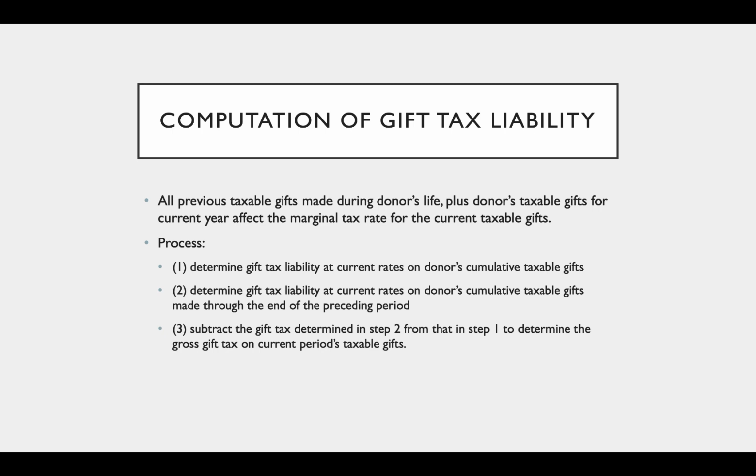Step two would be to add up the cumulative gifts from birth to the end of 2017 and calculate the gift tax liability at current rates. Step three is to subtract the gift tax determined in step two from that in step one to determine the gross gift tax on current period's taxable gifts.